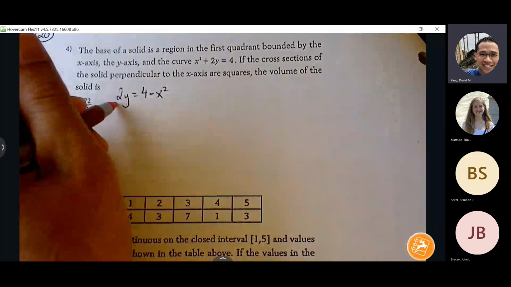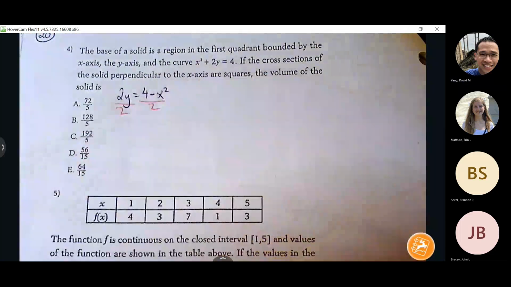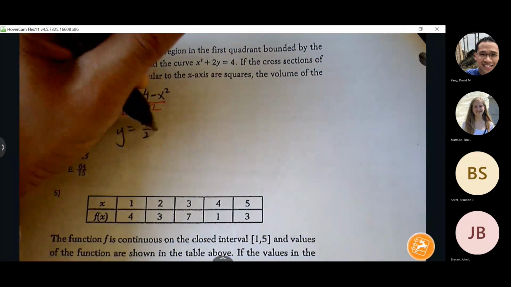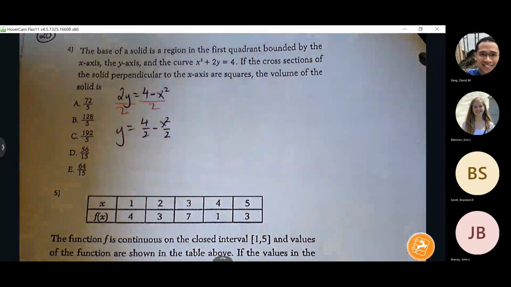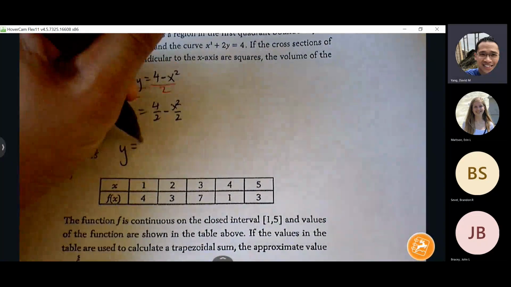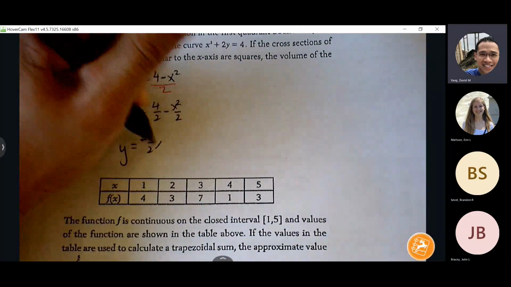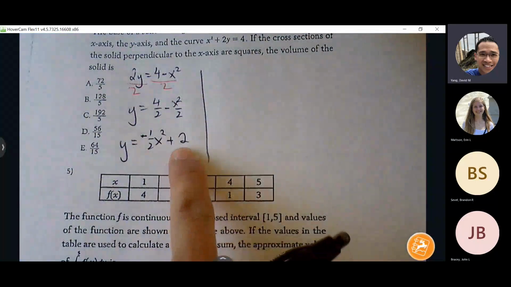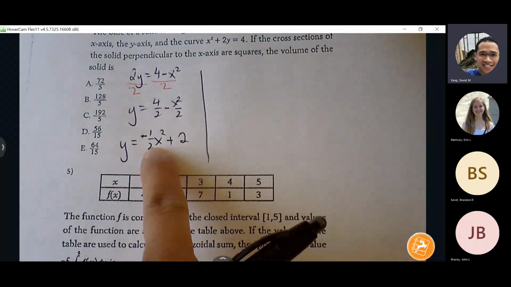If I divide both sides by 2 and rearrange, I can see that it's really just y equals -1/2 x squared plus 2. So we know that's a parabola with a y-intercept of 2, and it's going to open down.